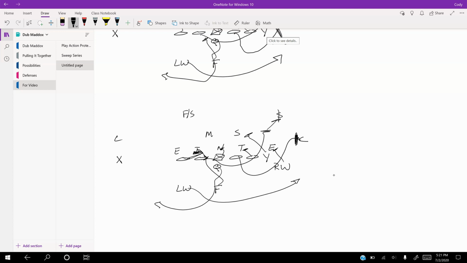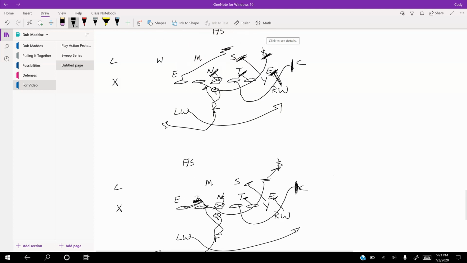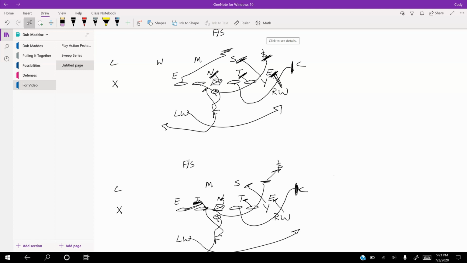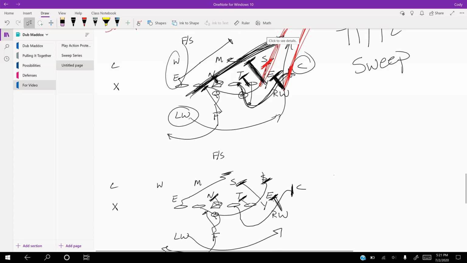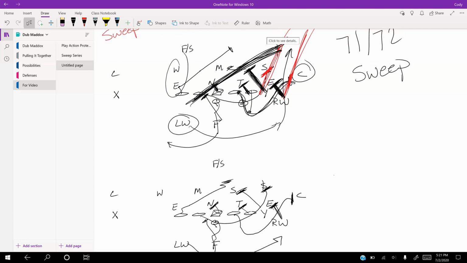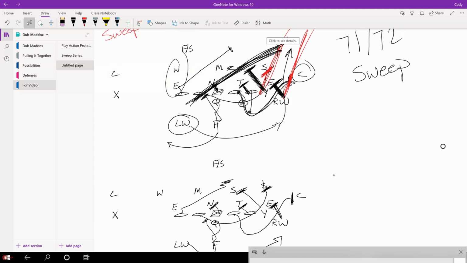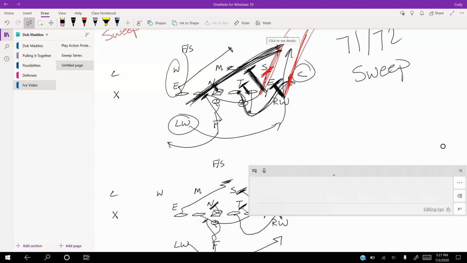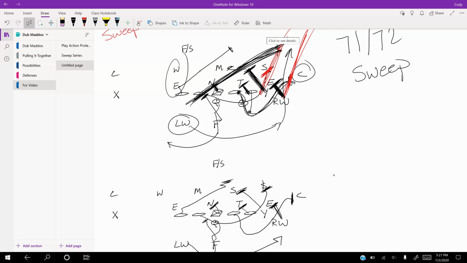Okay, so obviously you can run these out of different formations. This is just the one formation I showed it out of. Hopefully you got a little bit of something out of it from showing it in a 4-3, a 4-4, and then a 52. Had to think about that a little bit in the 52, but hopefully this gives you a little bit of an introductory idea of the wing tee and a couple of the base series that come with it.